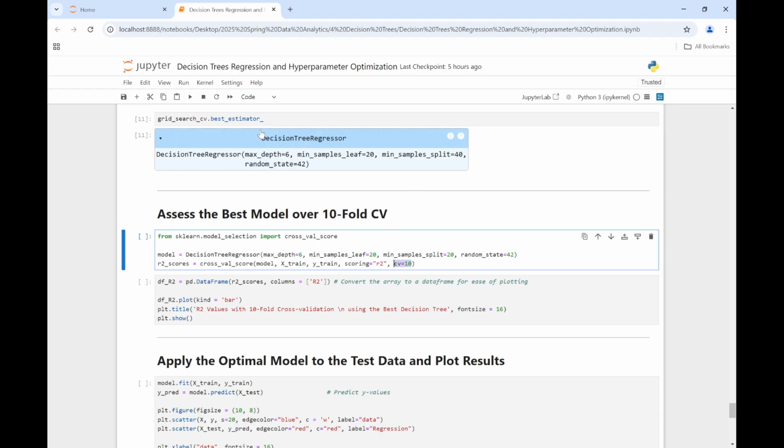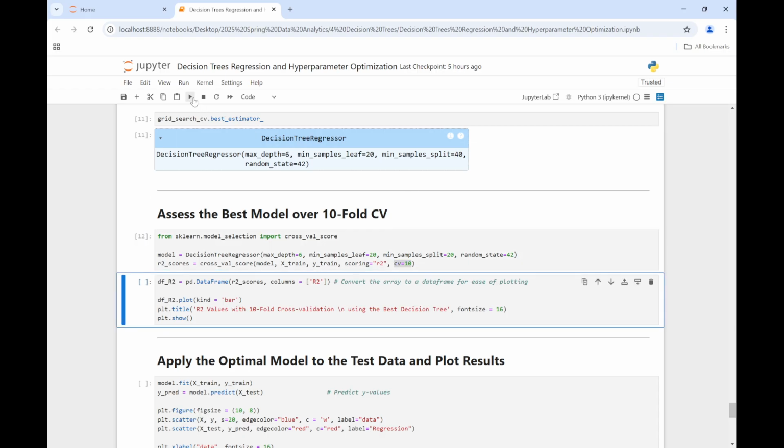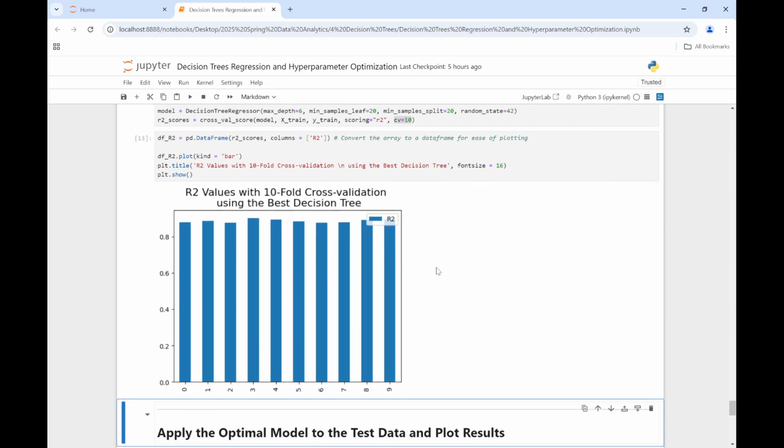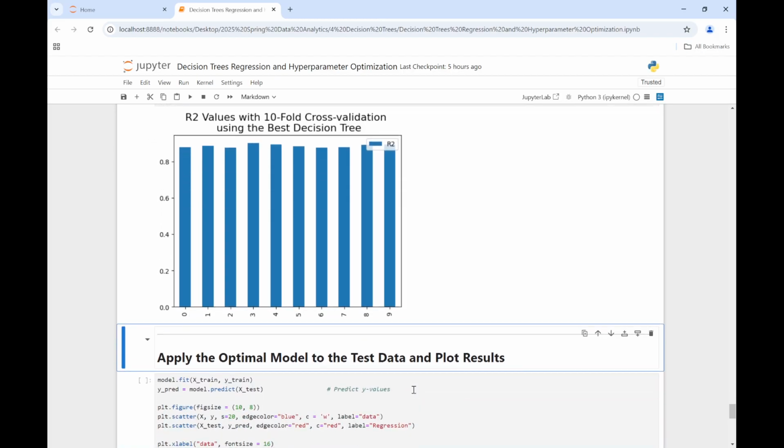And I'm going to ensure that this model is indeed the best model and demonstrates equivalent performance across each one of the 10 folds. So when I plot the R-square values on the y-axis versus the different folds on the x-axis, that is indeed what we see. We see an R-square value of close to 0.9 across all of the 10 folds and very low variability.